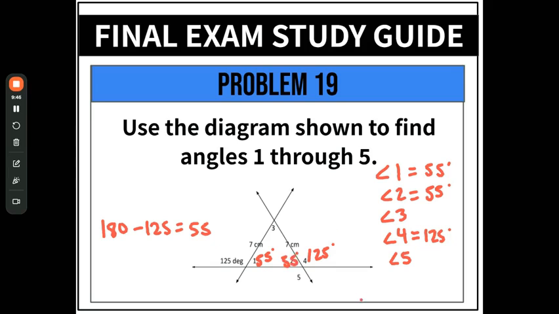Now we can look at angle 5, and it is going to be the same as angle 4. How do we know that? The exact same two lines are crossing and forming the exact same angle as angle 4, because they're the exact same lines. So angle 5 is also going to be 125 degrees.